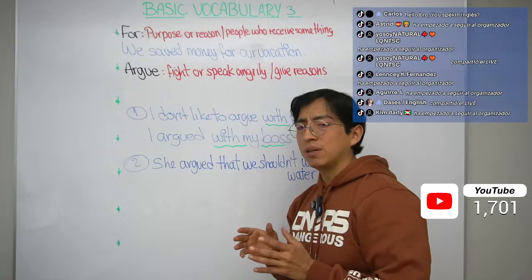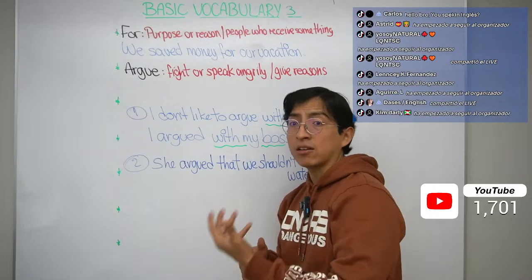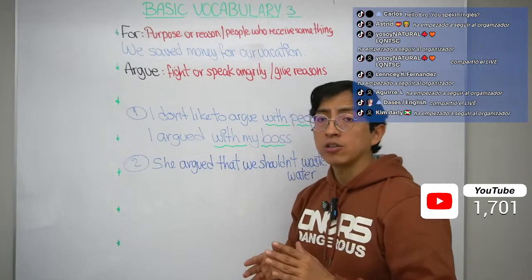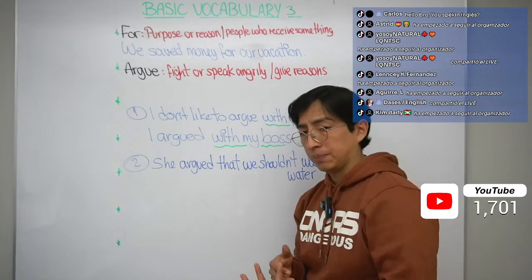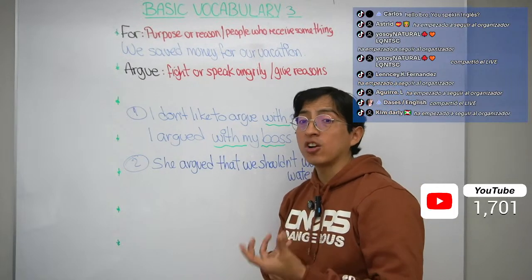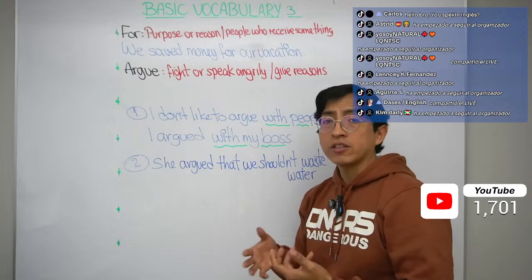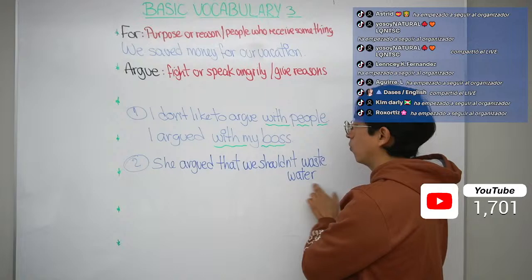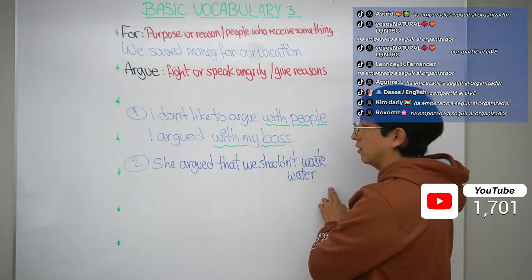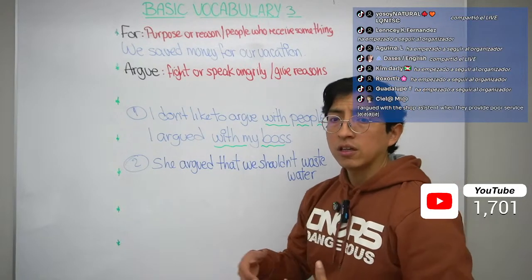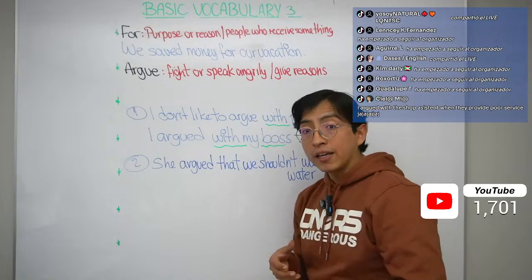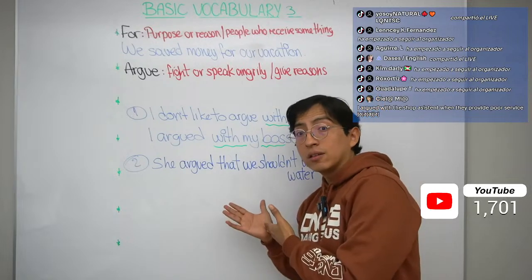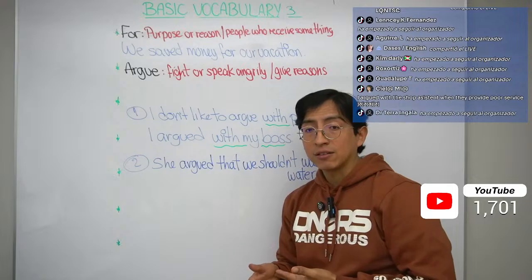It doesn't mean that this person is angry. Now, she is explaining, she's talking about something. What is she talking about? Well, she says, we shouldn't waste water. So she is explaining why this is bad, right?